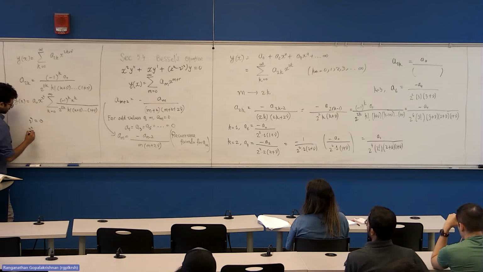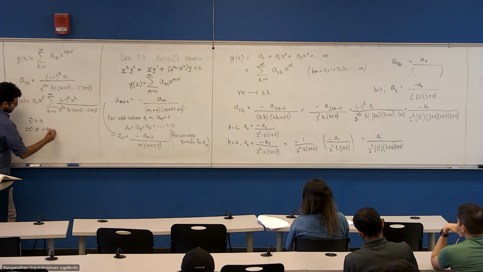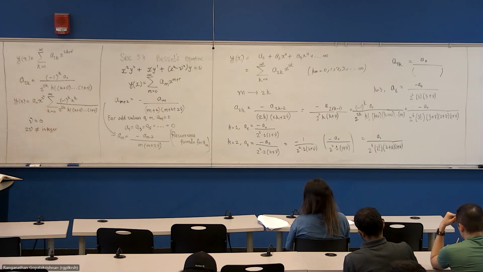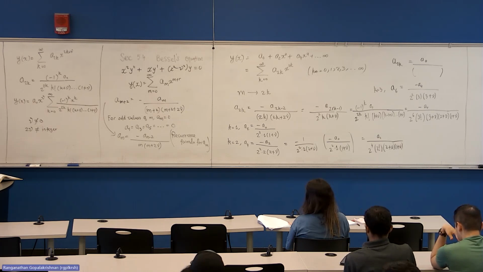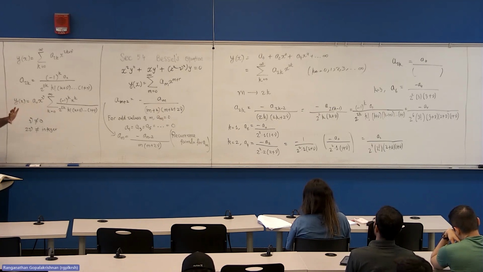We also think 2 nu is not an integer. So nu is not 0, which means you have this to be one of your basis functions. So you have constructed a function with a naught still undetermined. With me so far, a naught is still not known.